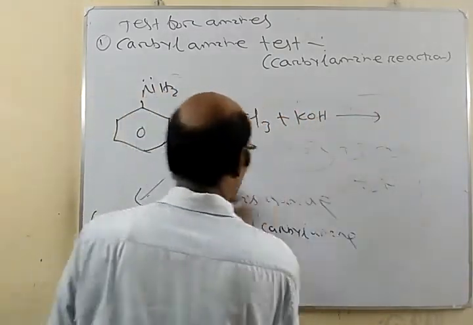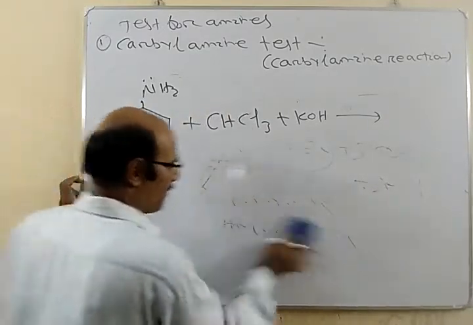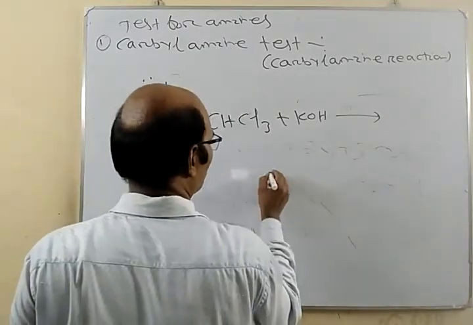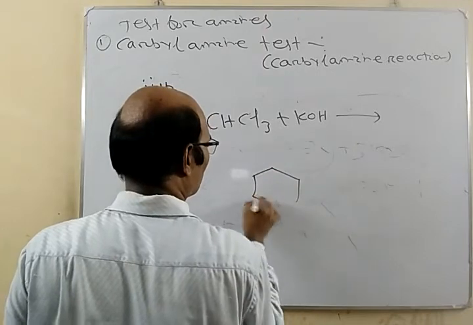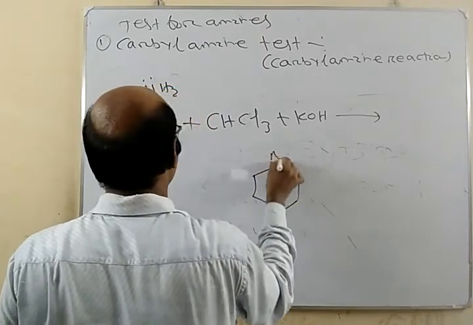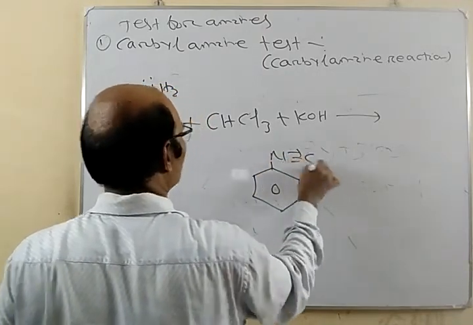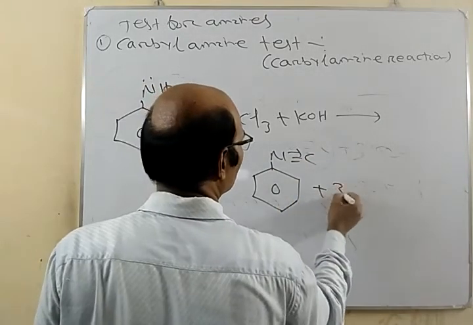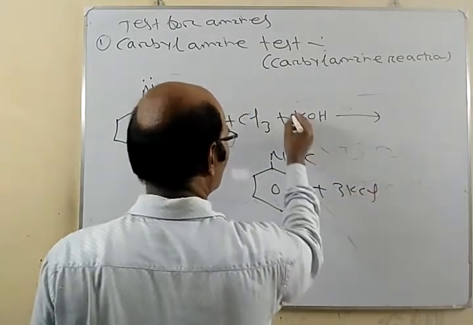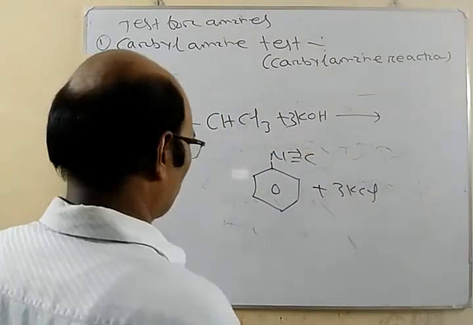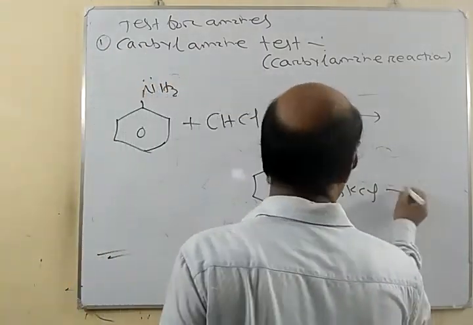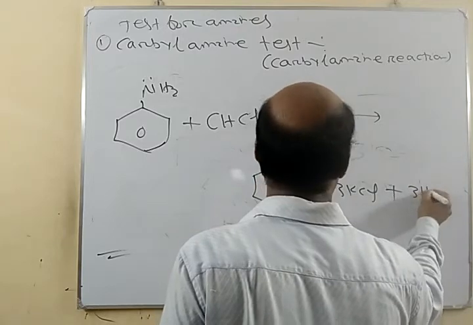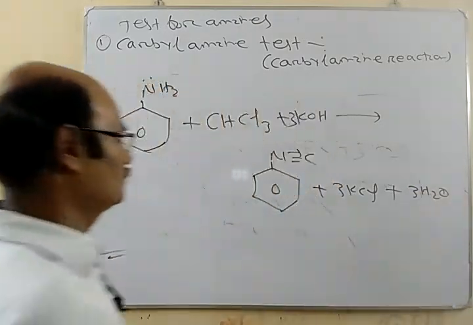We get phenyl isocyanide plus 3 KCl plus 3 H2O.